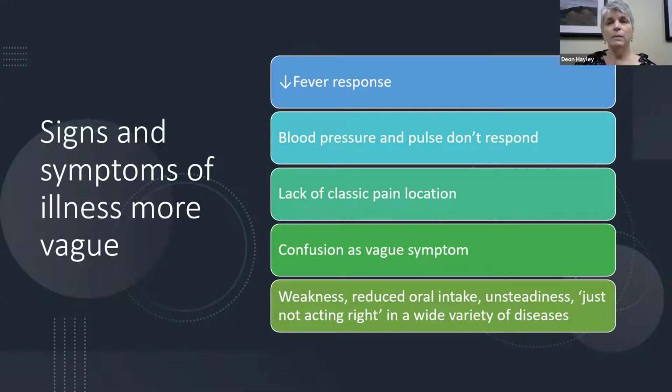So in geriatrics, we have to be more attentive to hearing the whole big picture and listening to family members and all the symptoms and looking at medications and doing a good physical exam, because it's not exactly the way that we learned in medical school.